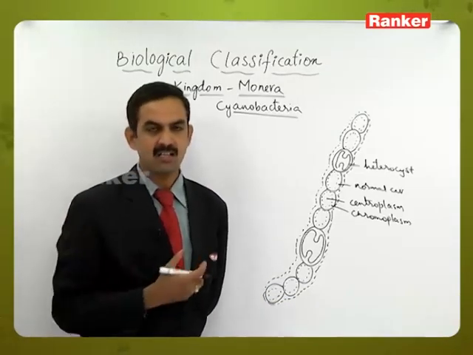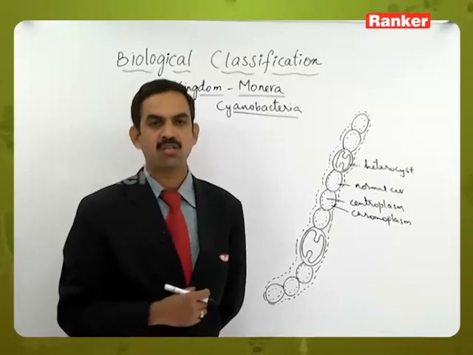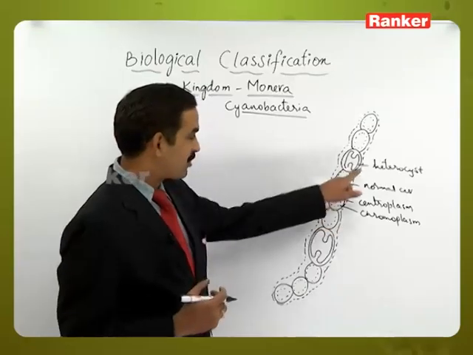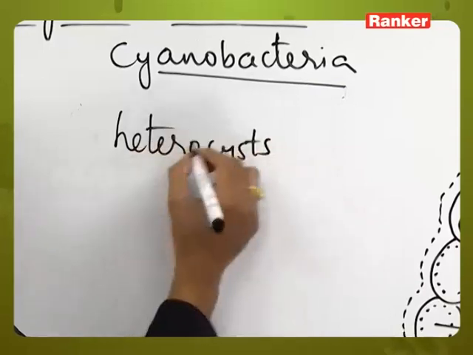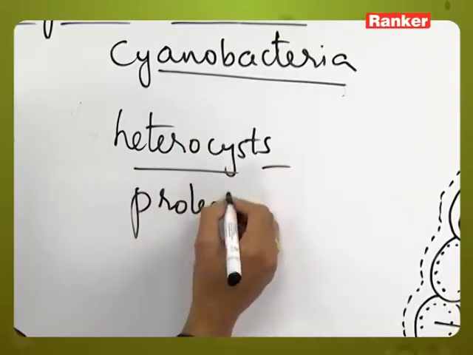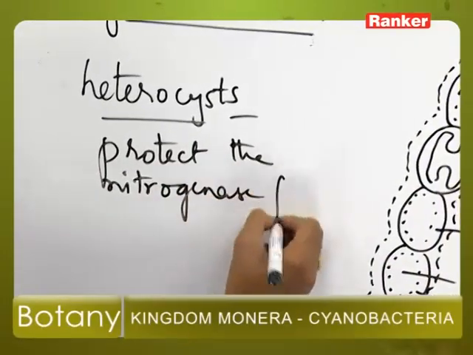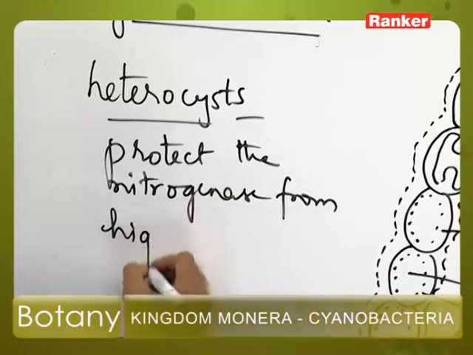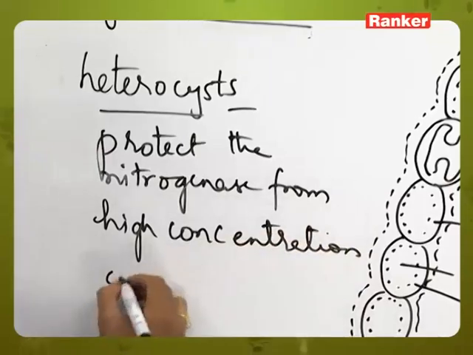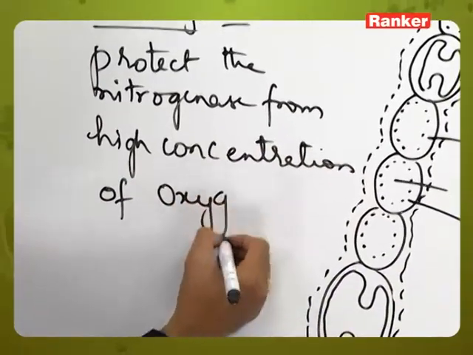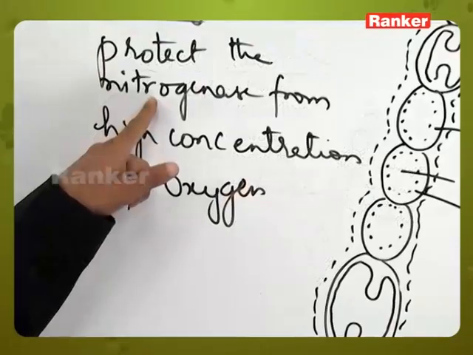Actually, in the bacteria, they have leghemoglobin which will protect the nitrogenase enzyme from the high concentration of oxygen. In the heterocystous form, the special type of cells present in them, the heterocysts, will protect the nitrogenase enzyme from high concentration of oxygen, because when oxygen concentration increases, the nitrogenase enzyme will become inactive.